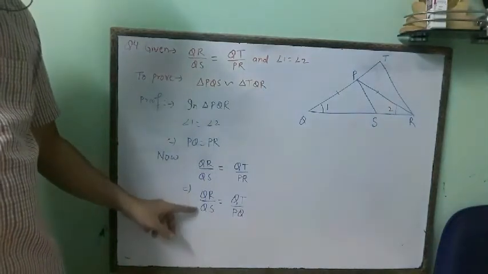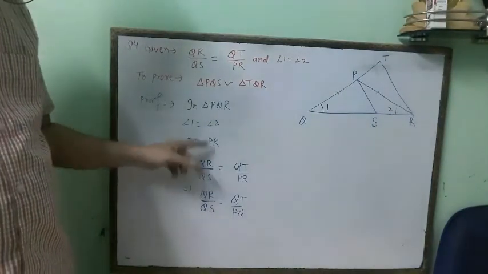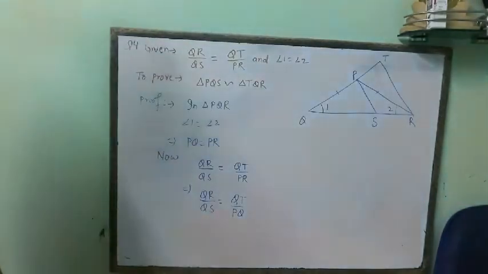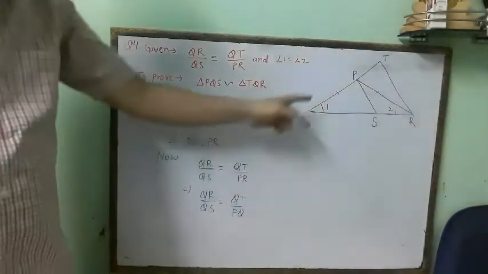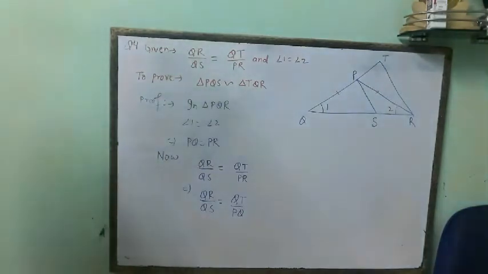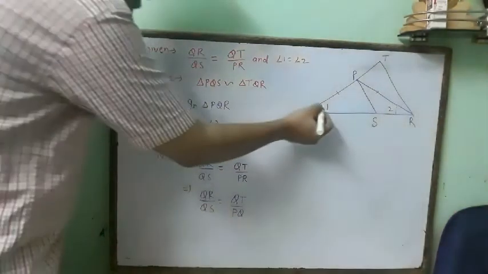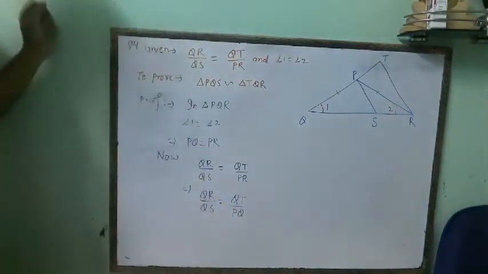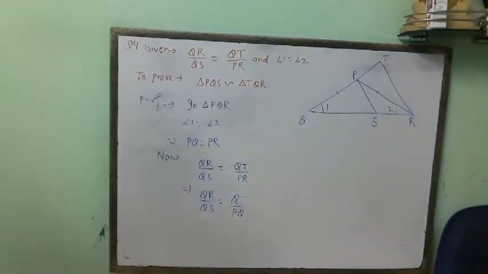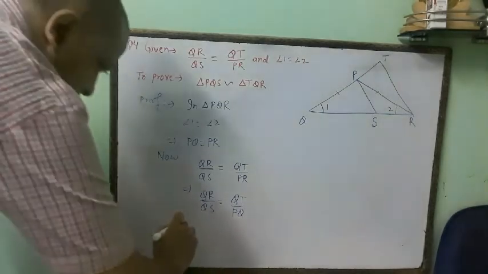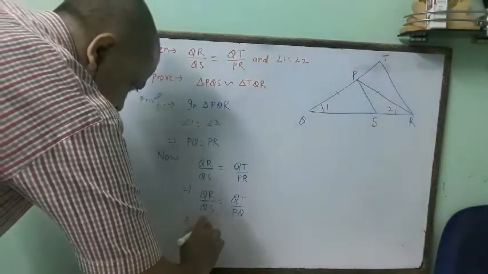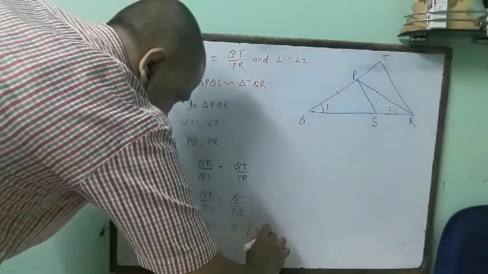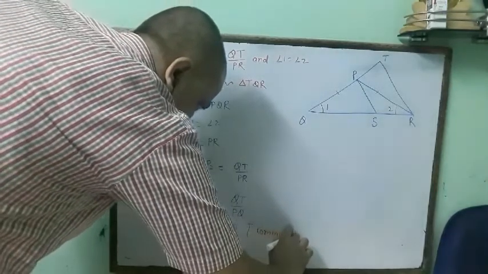The corresponding sides are proportional. Now see this one, QT is the side of triangle TQR, and PQ is the side of triangle PQS. Now in between these, one angle, that is Q, is in both. One angle that is Q is common in both, so we can say that angle Q is equal to angle Q, common in both.